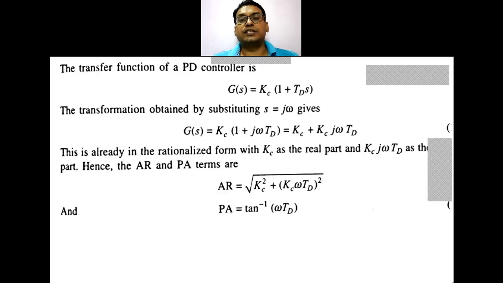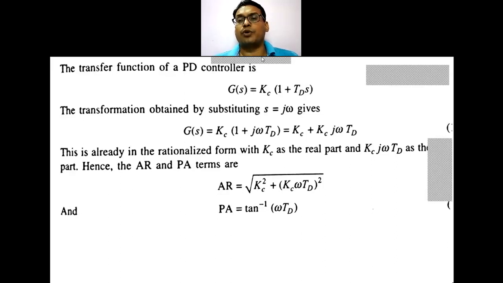Then next is the proportional derivative controller. So for our proportional derivative controller, the transfer function G(s) is equal to Kc into bracket 1 plus tau d s. Now substitute s equal to j omega. So G(s) is equal to Kc into bracket 1 plus j omega into tau d. Then separate the real part and the imaginary part.